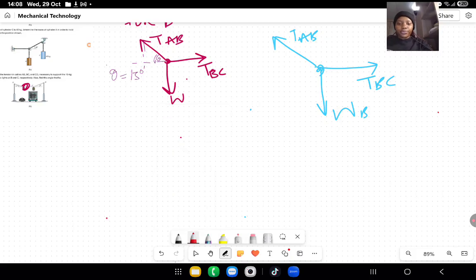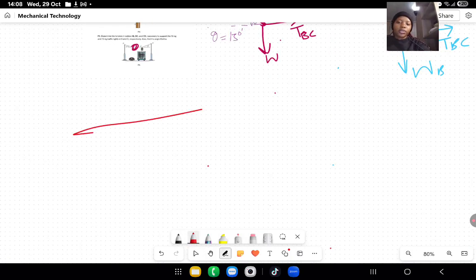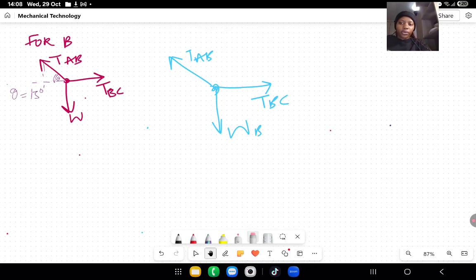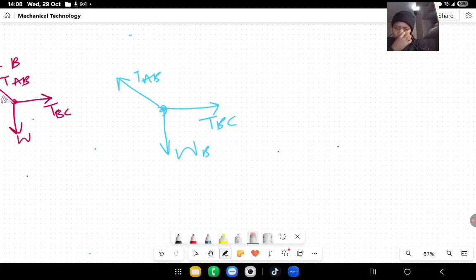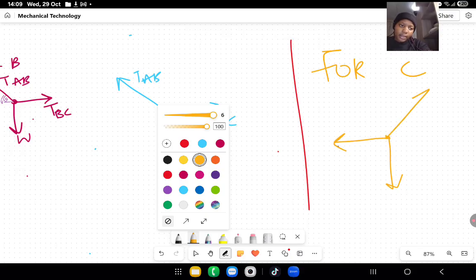So now let's draw the free body diagram for C. For C, our free body diagram will be like this, then like this, and like this.